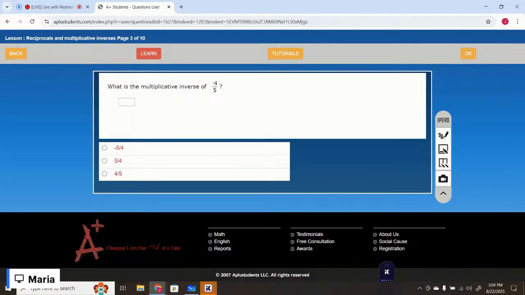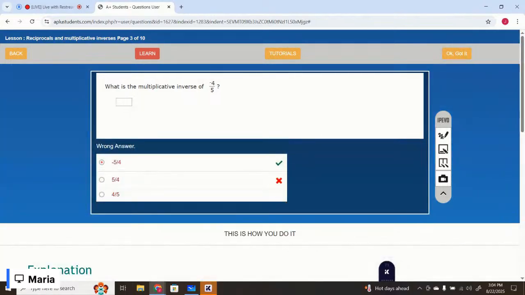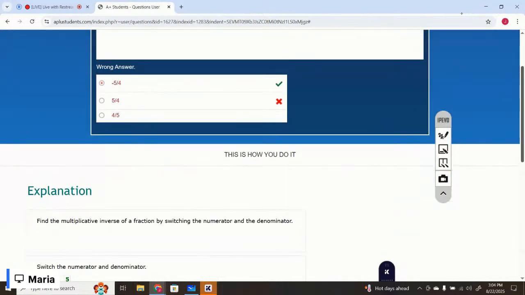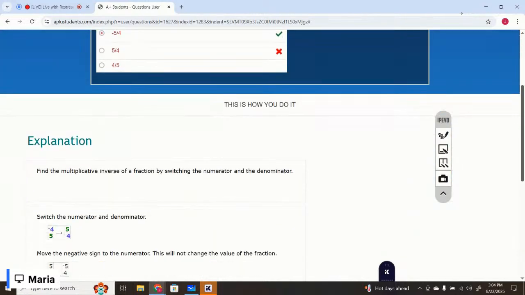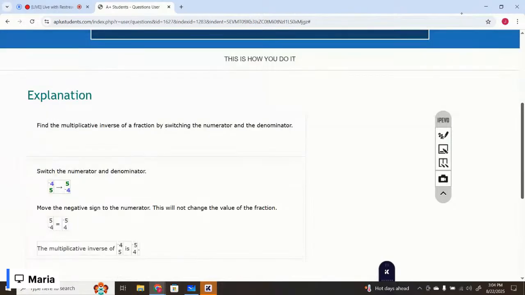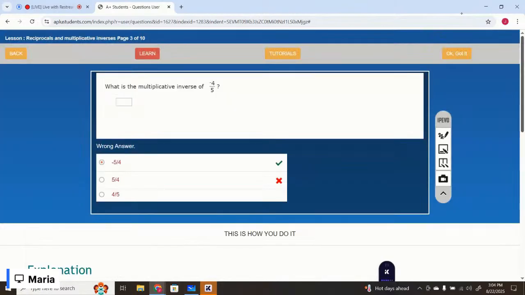What is the multiplicative inverse of negative 4 over 5? So the multiplicative inverse of negative 4 by 5 is 5 over 4. Option number 2 is the correct option. Oh, that is negative 5 by 4.